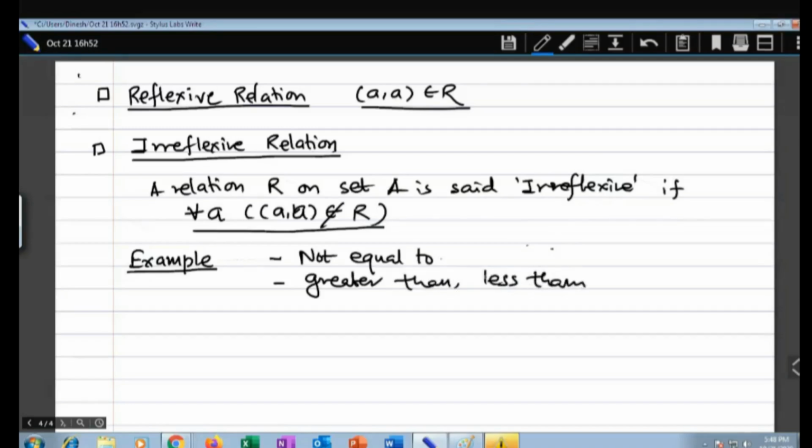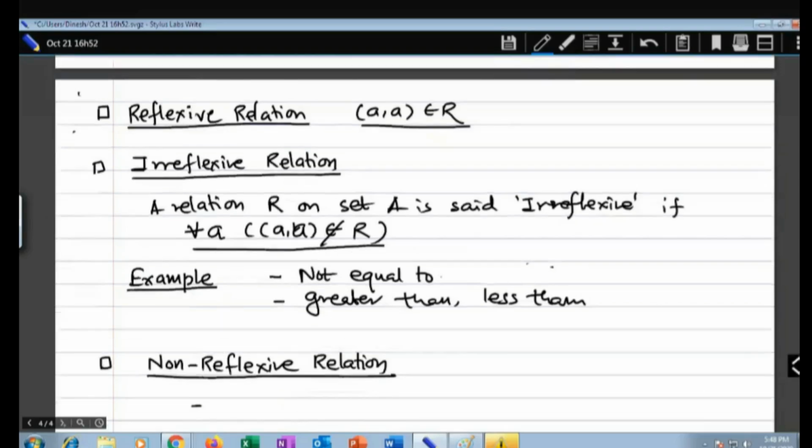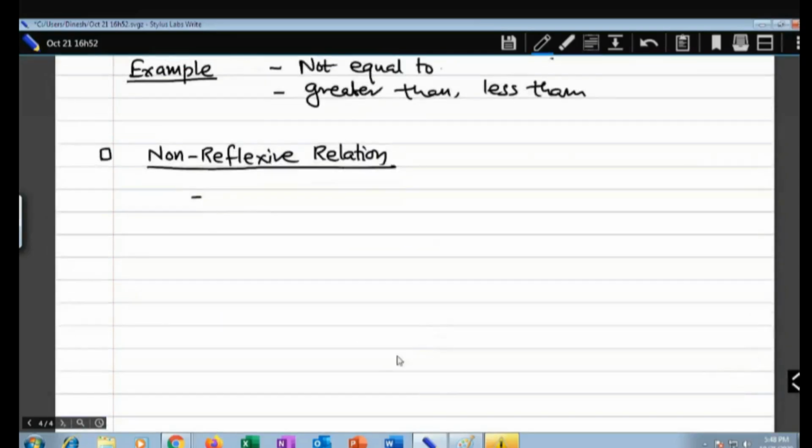Now the third category in the reflexive type is non-reflexive relation. What do you mean by a non-reflexive relation?